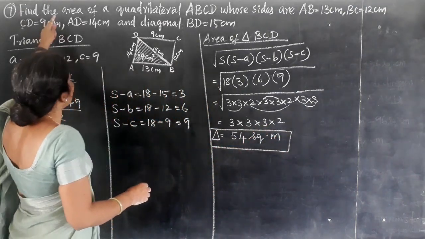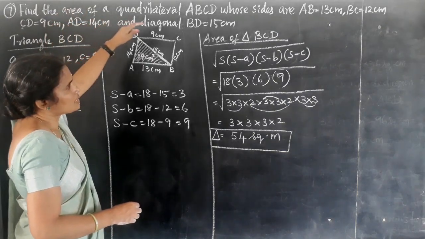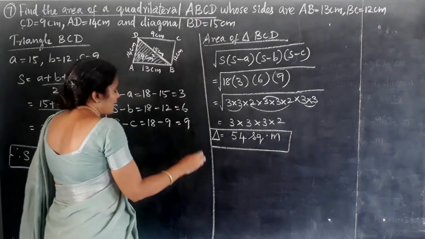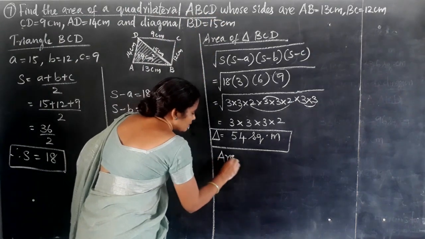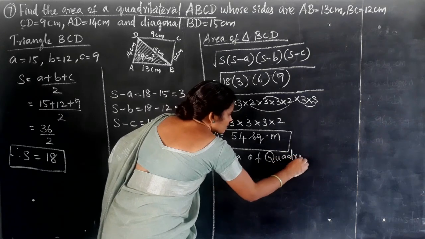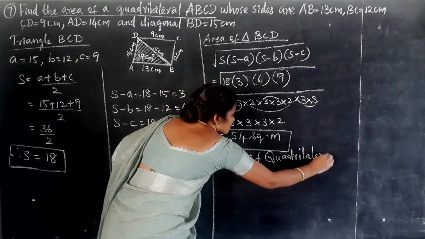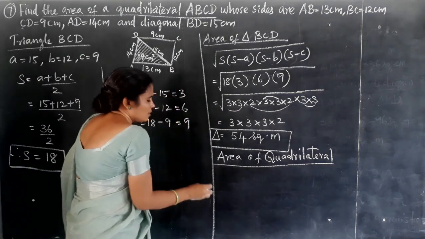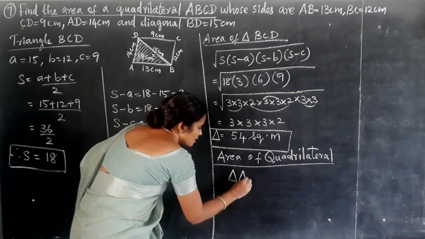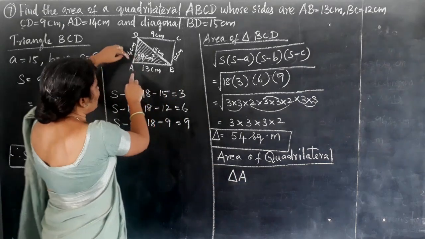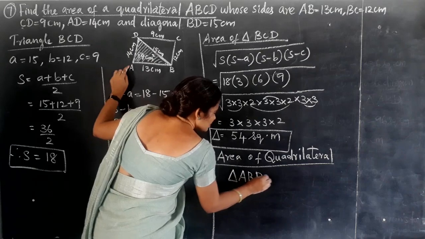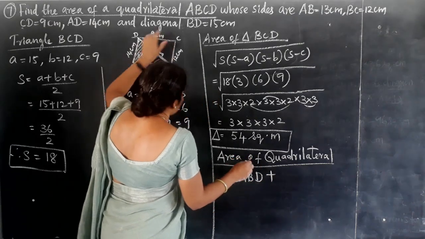So here we find the area of a quadrilateral whose sides are given. The area of the quadrilateral is found by adding both the triangles, triangle ABD plus triangle BCD.